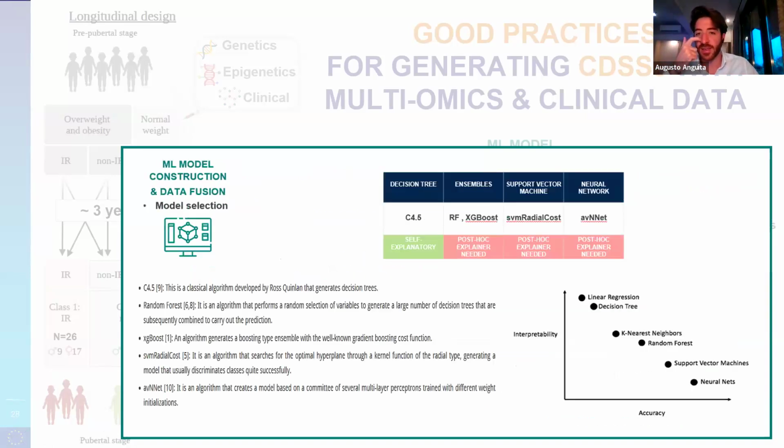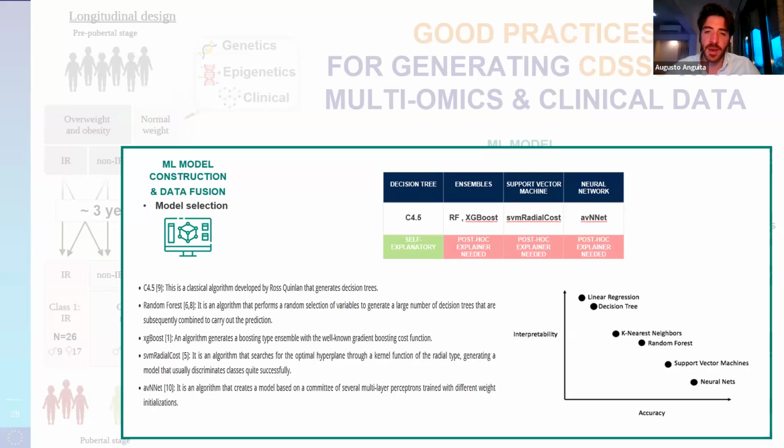From these 5 models, only one is self-explanatory. That means that if a human reads the output, they can totally understand what it's saying. And this is the decision tree, the C4.5.